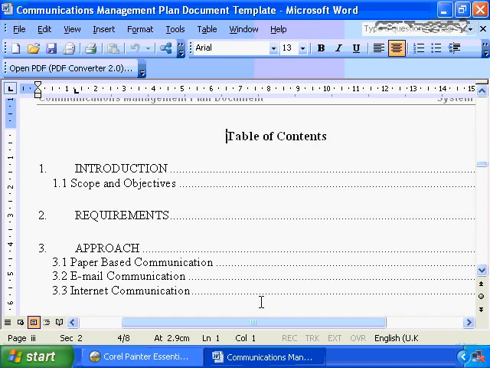The introduction, the requirements, who is going to be communicated to, the approach, what information is going to be communicated by paper, what information is going to be communicated by email, what communication is going to be communicated via the internet, i.e. the generation of a project website, and the timing and responsibilities.